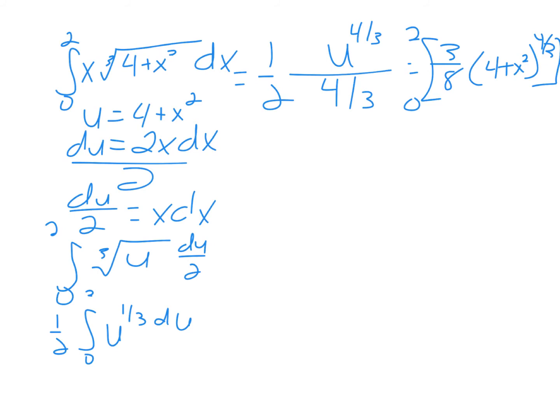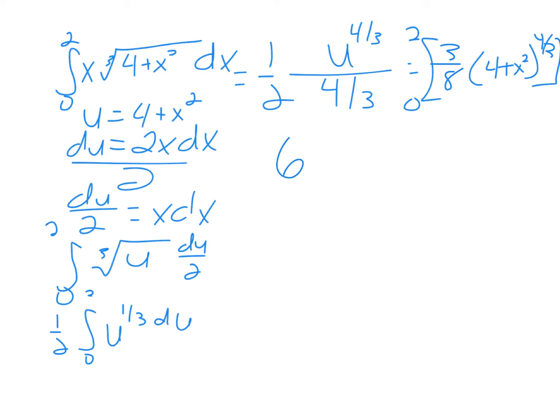So 2, what does 2 get us? 2 squared is 4. 4 plus 4 is 8. 8 to the 4/3 will get us 16. And then 16 times 3 over 8 will get us 6.